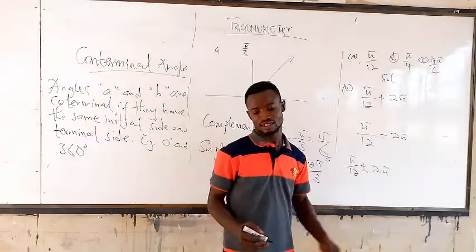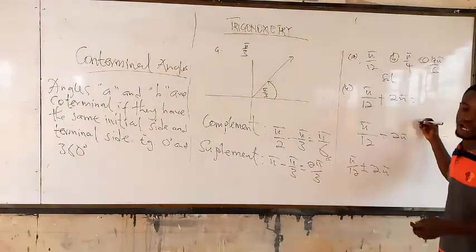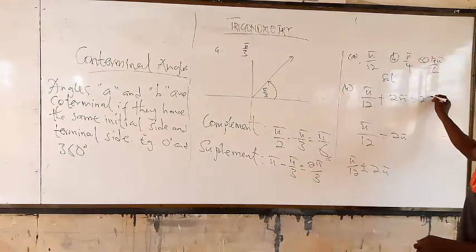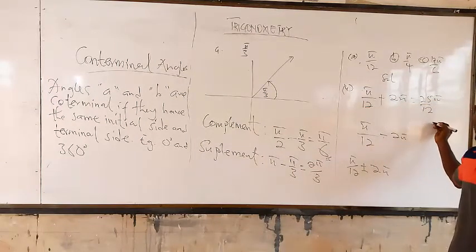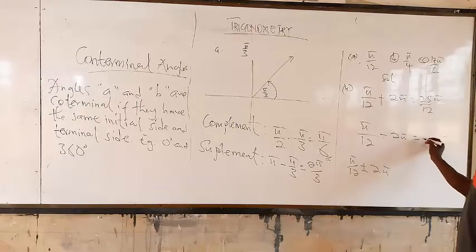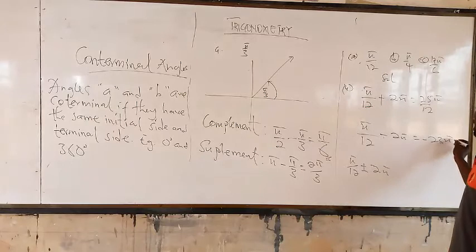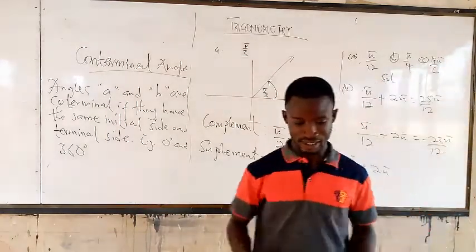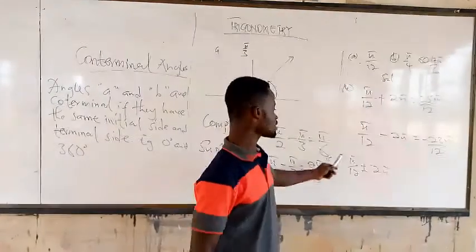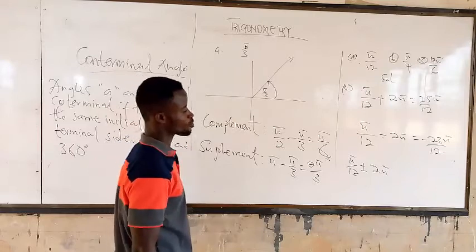That's exactly what I wanted to write. Here we are going to get 25 pi over 12, and here we are going to get negative 23 pi over 12. So that is what we are going to have. It's just taking pi over 12 plus or minus 2 pi.